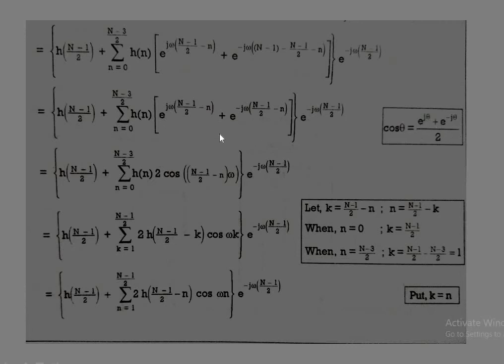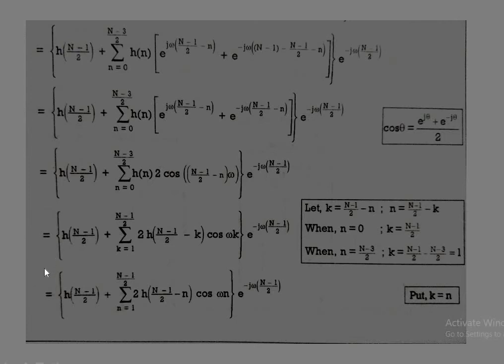So since we don't have a factor of 2 here, multiplying it with 2, I have h of n minus 1 by 2 plus sigma n is equal to 0 to n minus 3 by 2 h of n into 2 cos of n minus 1 by 2 minus n into omega, multiplied with e power minus j omega n minus 1 by 2.